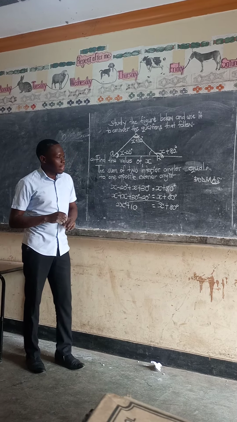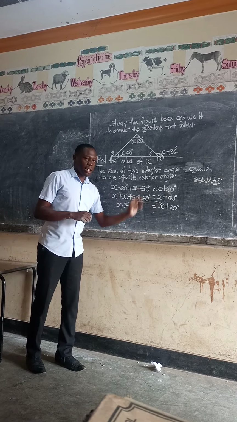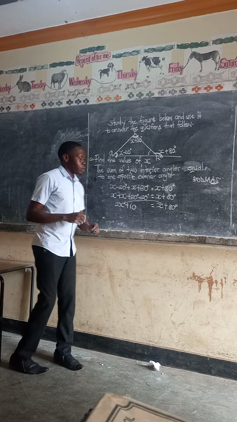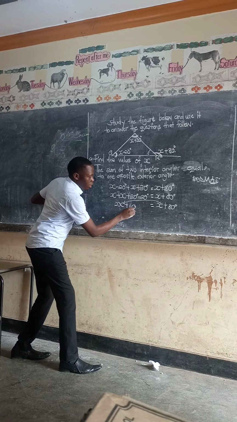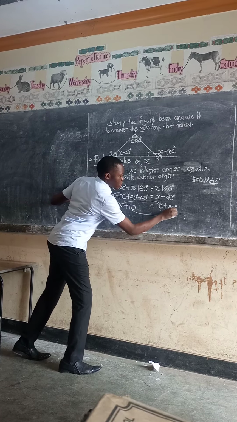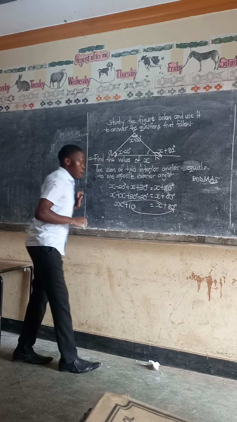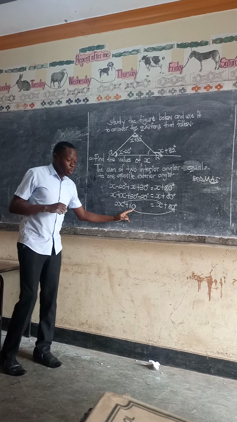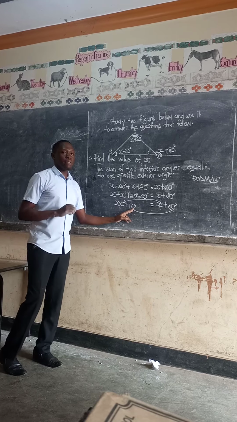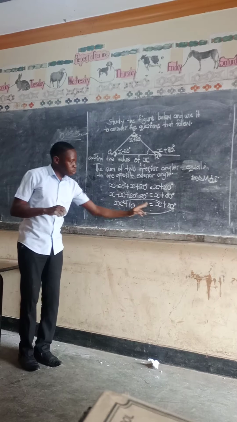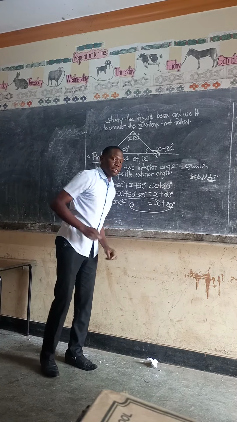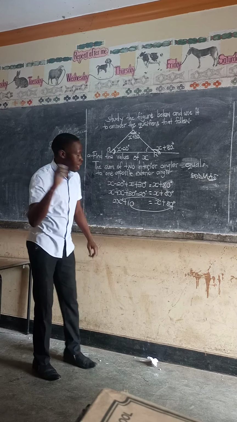In other words, its additive inverse is negative. So then 10, we shall take it there. And the additive inverse of positive 10 is negative 10. So when 10 goes through this equal sign to the right hand side, it will become a negative.